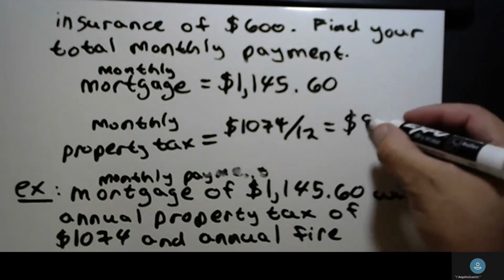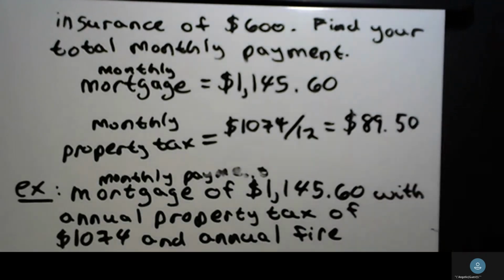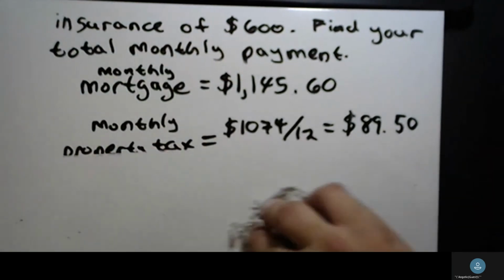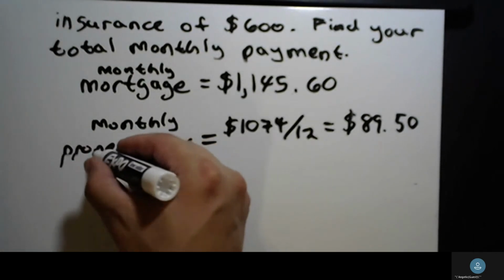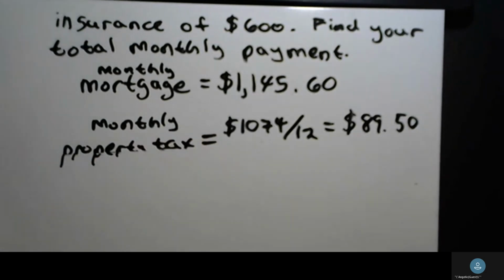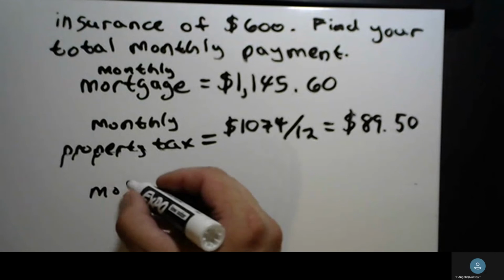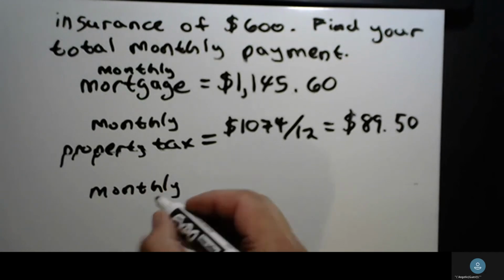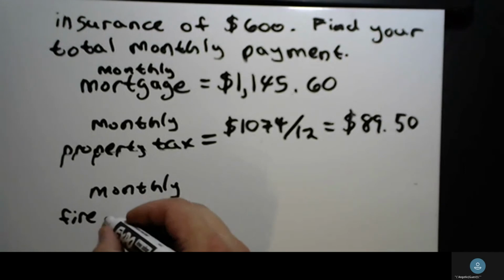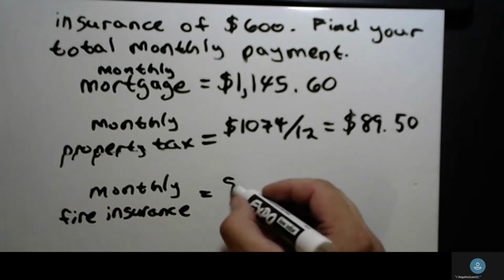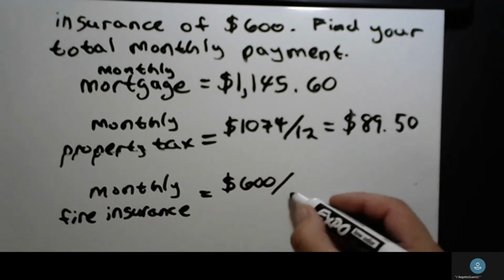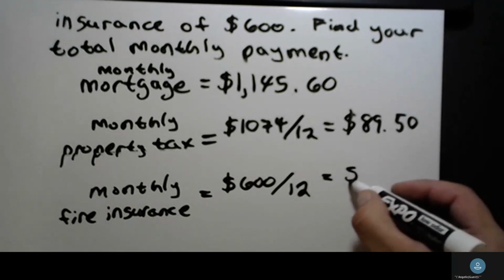That comes out to $89.50. Finally, we're going to need the monthly fire insurance, because here the fire insurance was given to us annually. This will be $600 divided by 12 for $50.